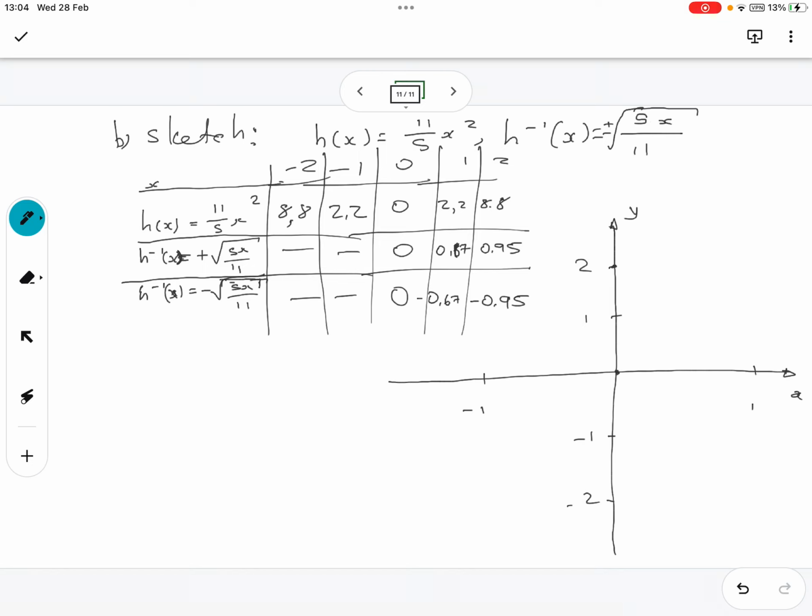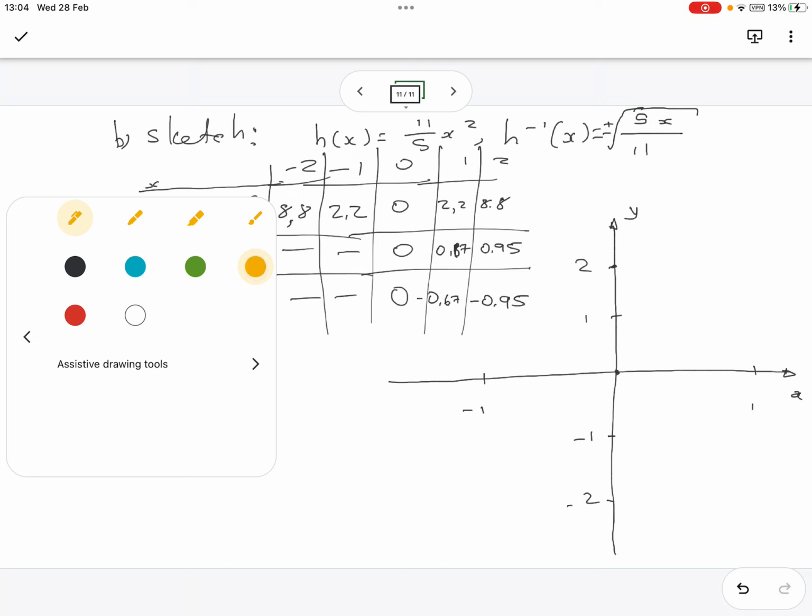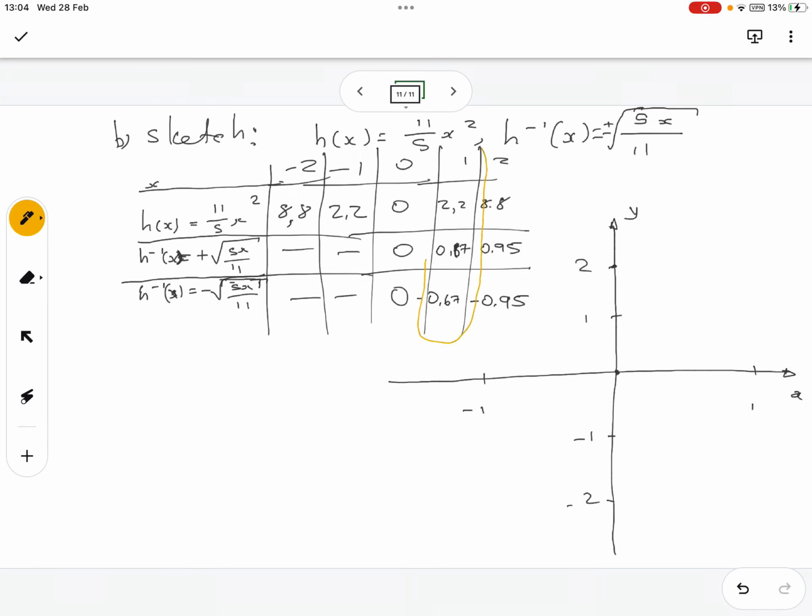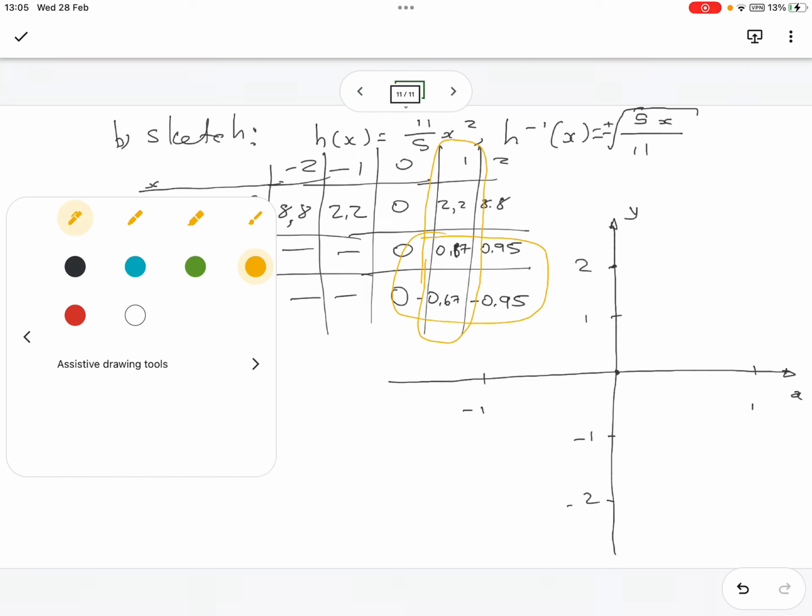I'm doing it so that if we just look at the positive values, it's easier to plot the graph. And then for the inverse, we'll just focus on those ones there.